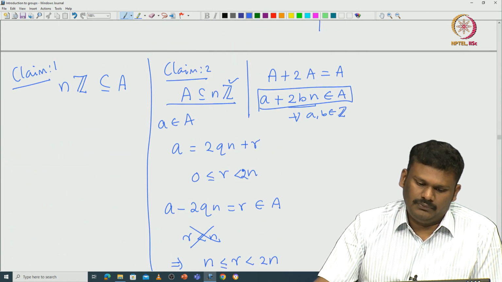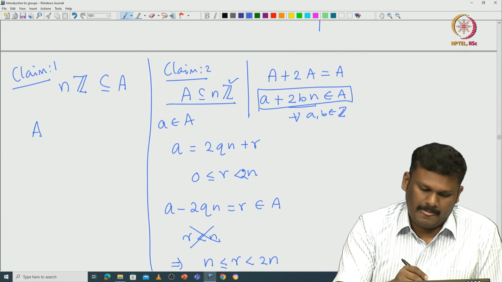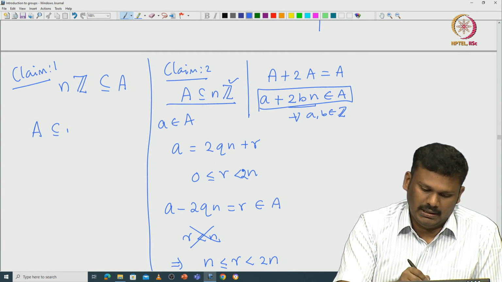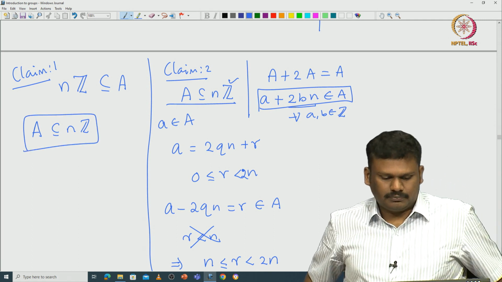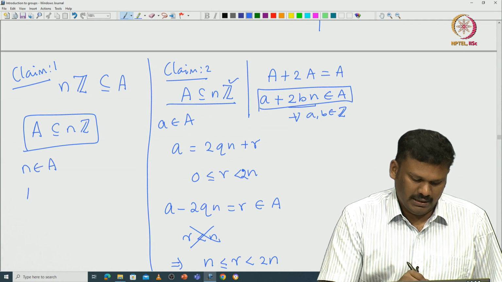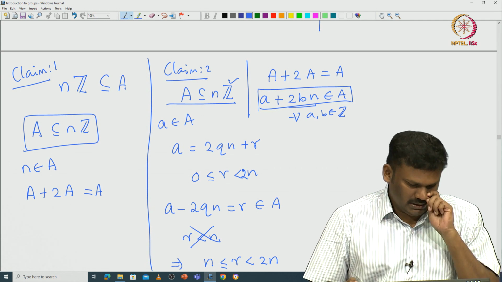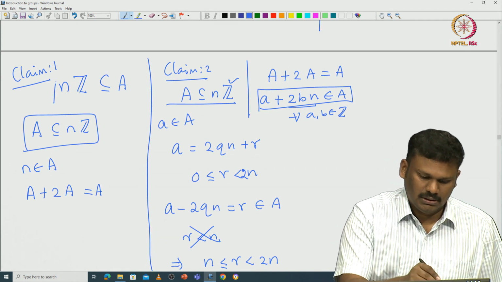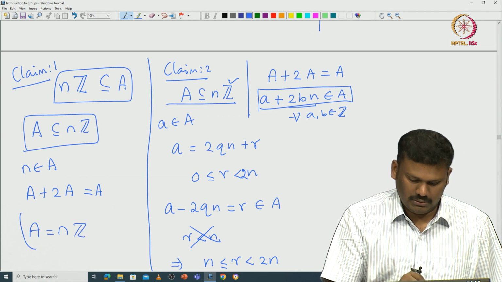And now A is actually contained in nZ, and n is inside A and A plus 2A equal to A. Now, using this we want to prove that A is equal to nZ.